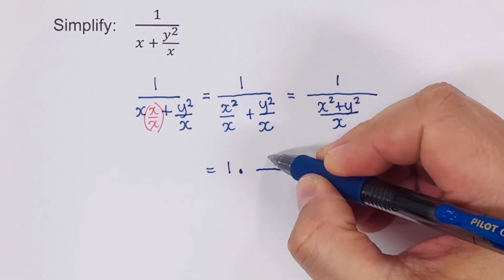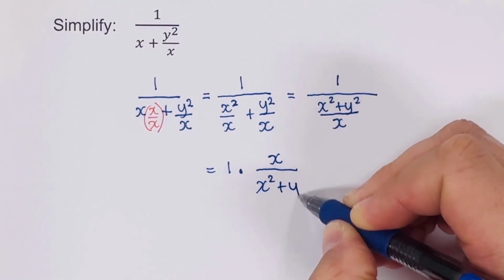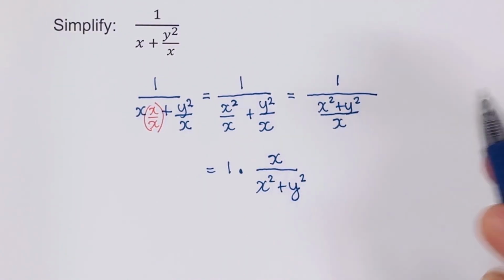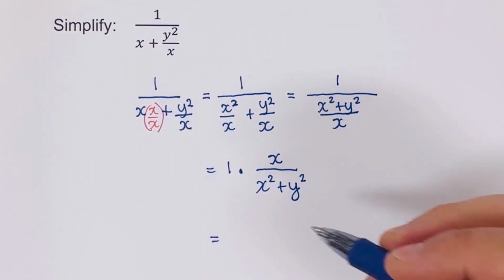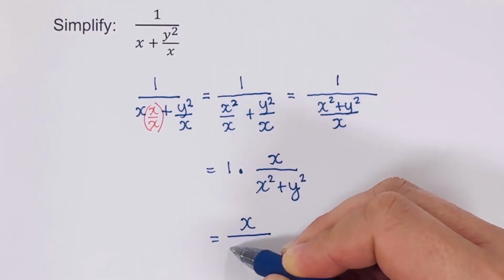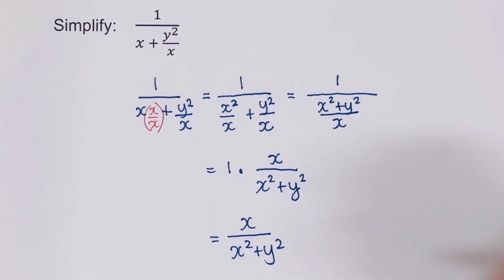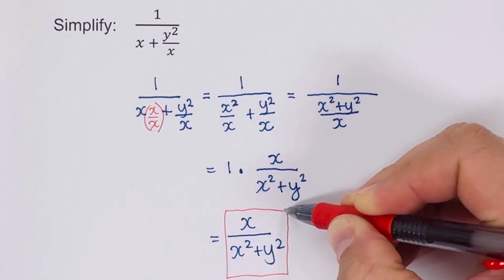So that would be x over x squared plus y squared, because again we need to flip it. Since this is multiplied by 1, the final simplified form is x over x squared plus y squared.